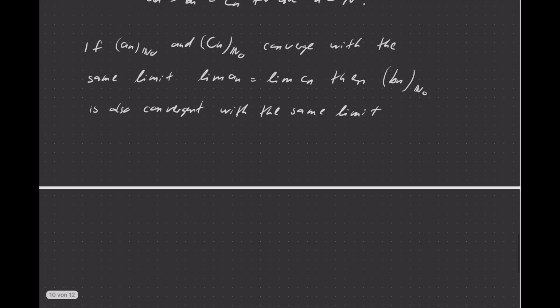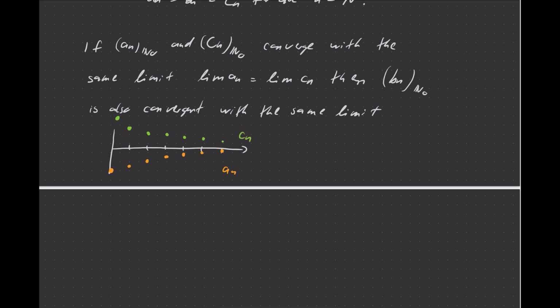Right? So what we have here is a setting like this. Let's say you have these two sequences. Let's start with an. An is a sequence below. So you have a sequence an that gets closer and closer, let's say, to 0. Let's say 0 is the limit. So this is the an sequence. Then you have the cn sequence. It's also getting closer and closer to 0.